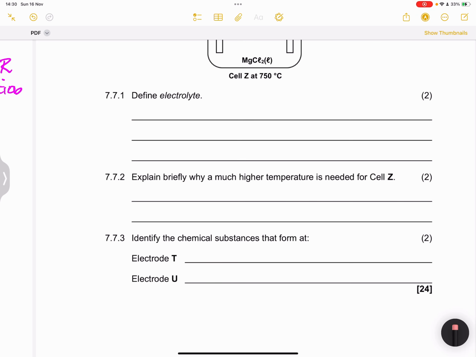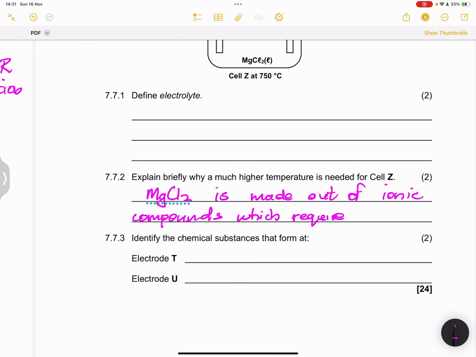So you must note that magnesium chloride is made of ionic compounds which require a higher energy to separate.